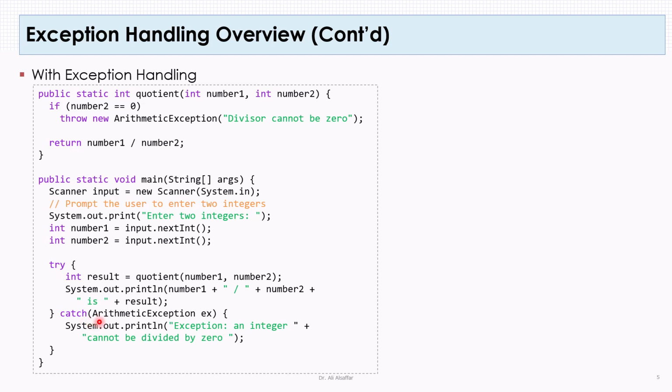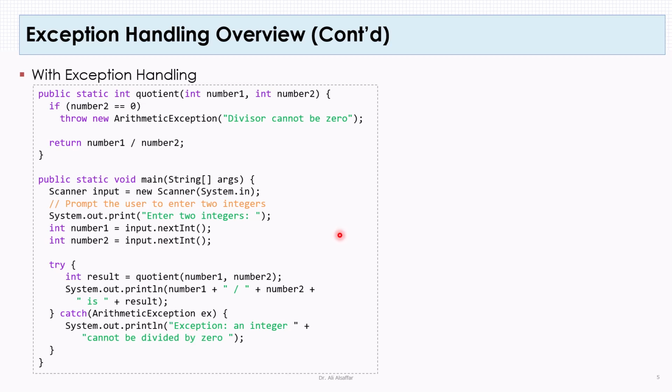So therefore, we define the object that is received in the catch statement as arithmetic exception and give it the name EX. So when the quotient method throws the exception object, the catch statement will receive it by the name EX. In simple words, when the quotient method creates the exception object, and when this exception occurs, the catch statement will receive this object by the name EX, so that the catch block can handle this object.